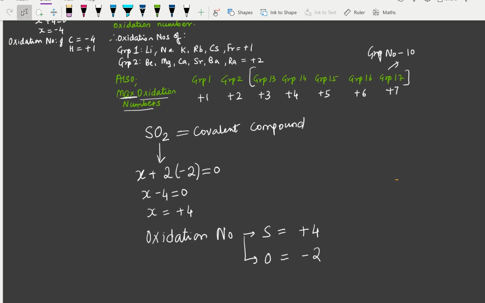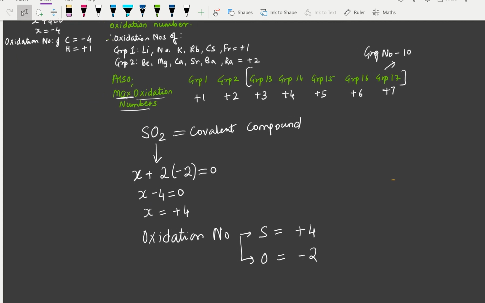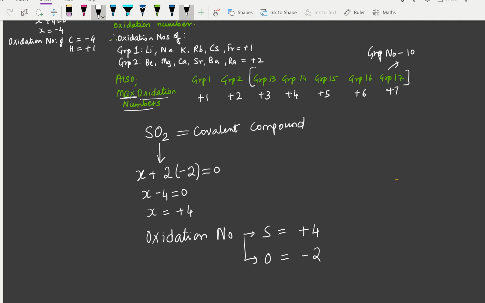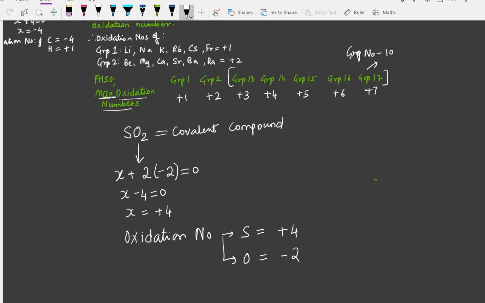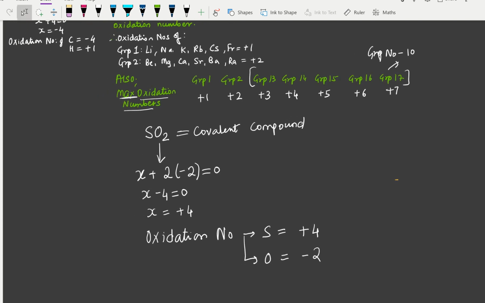So let me take another example, and this time I'm going to take the sulfate ion maybe, okay. You're all aware of sulfuric acid. It has got the formula H2SO4. So I'm going to take an example of the sulfate ion. If I write the sulfate ion as SO4 2 minus, what's going to happen over here?